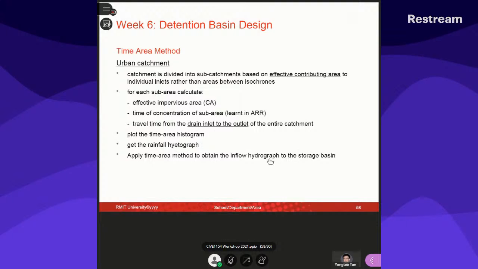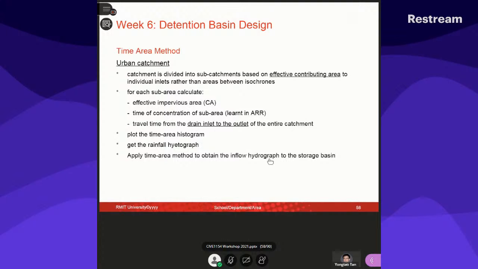Now for the time area method, I think this is a summary. The urban catchment can be divided into sub-catchments. I'm just showing the case where the catchment is divided into 5 sub-catchments based on the effective contributing area. For each sub-area, we need to know the effective impervious area, the time of concentration, and the travel time from the drain inlet to the outlet of the entire catchment.